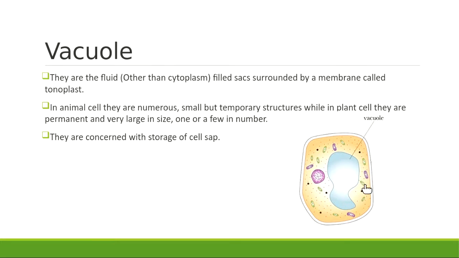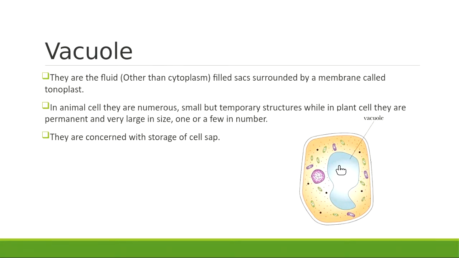Only smaller vacuoles are present in the animal cell, but in the plant cell there is one larger vacuole, and it is very helpful because it stores various salts and water inside it, which provides turgidity to the cell. With the help of this, the cell looks stuffed, and its structure is strengthened in the plant cell.